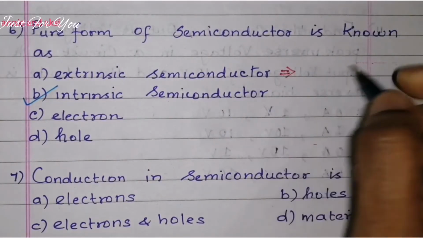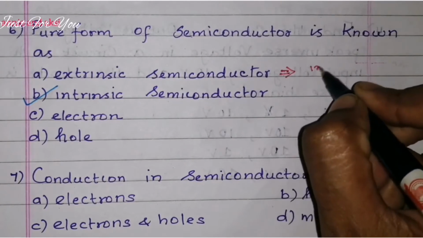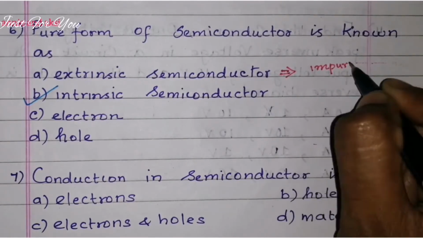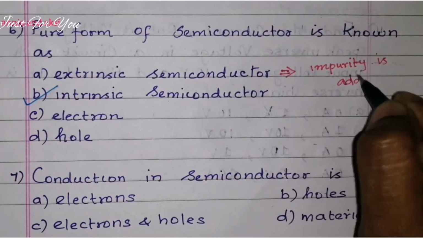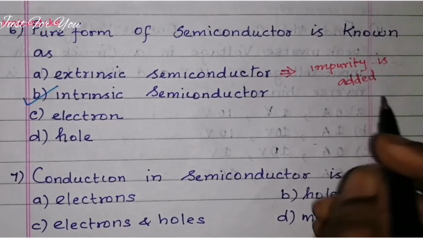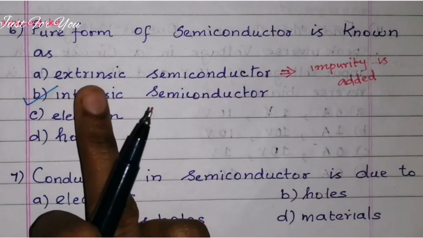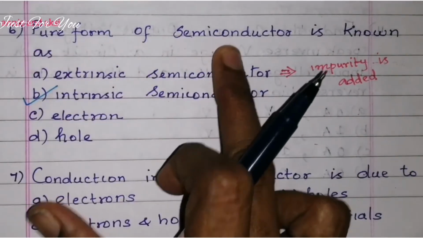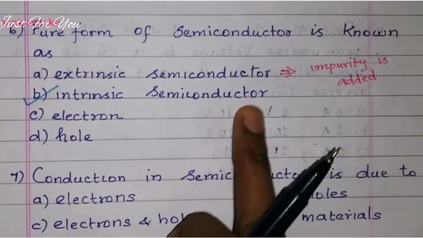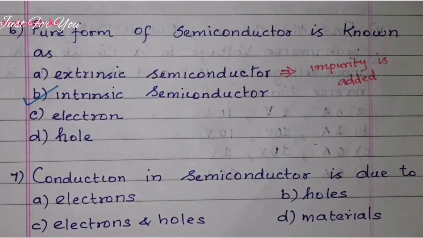When impurity is added to a semiconductor, that semiconductor is known as extrinsic semiconductor. Pure form of semiconductor is known as intrinsic semiconductor.